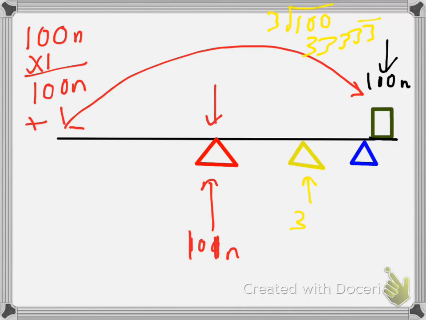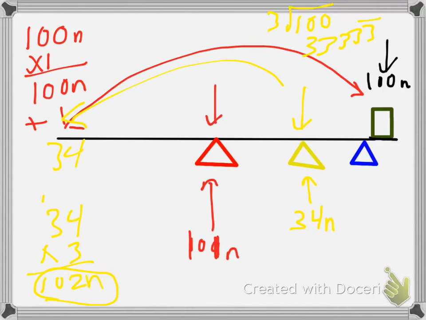If I was to add 1 more newton on top of that, then I end up with 34 newtons times 3, and I'll just do the math here real quickly. 3 times 4 is 12. Carry the 1, we get 102 newtons, and 102 is bigger than 100, so I know that if I put 34 newtons with the fulcrum here, and still pushed on this end, but with 34 newtons, I have enough to lift up the load.